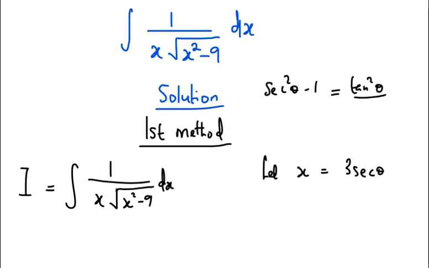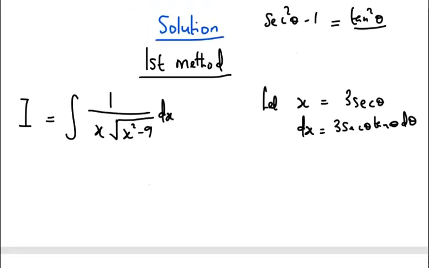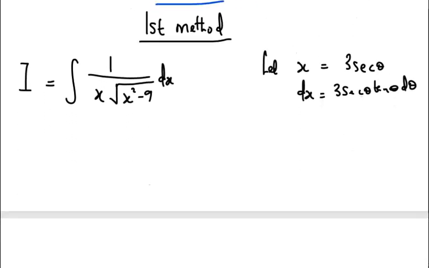You get the idea? Okay, now from here, we get that dx is equal to 3 secant of theta multiplied by the tangent of theta d theta. So that is the derivative of 3 secant of theta.